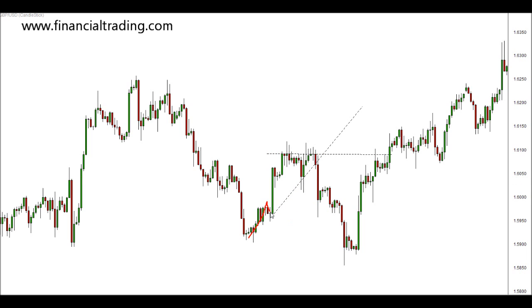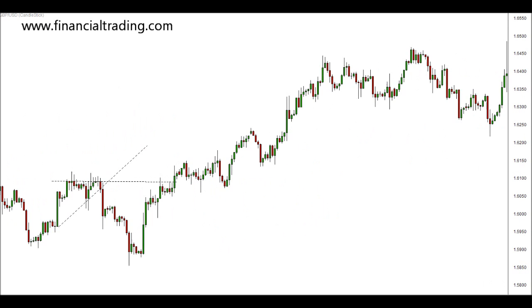We have a push, a pullback, a push and a pullback. So we've connected our two pullbacks and our pushes, and price breaks out just here and goes on the downside.